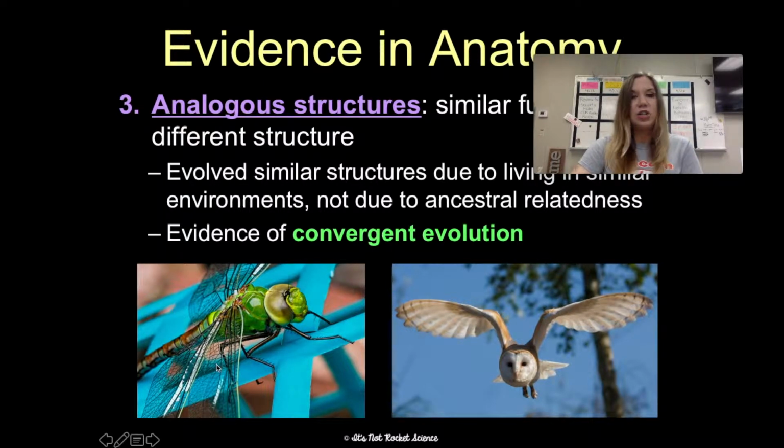However, they serve the same function: they both allow the organism to fly. Convergent evolution is when organisms that are not so closely related, maybe with a more distant common ancestor, are in similar environments, both need to be able to fly, and have developed similar structures.